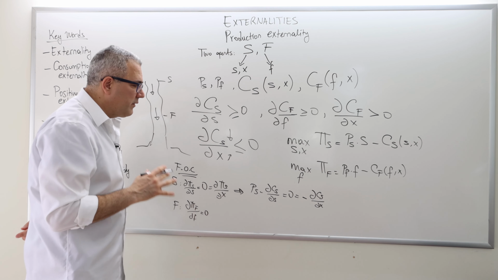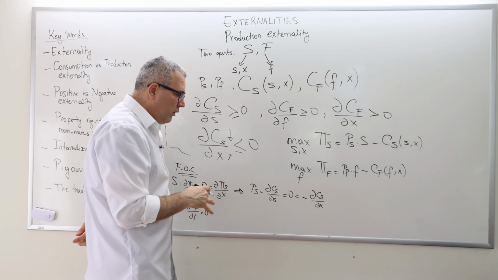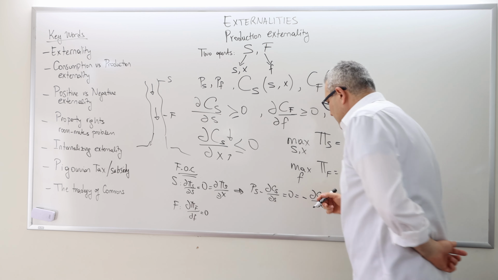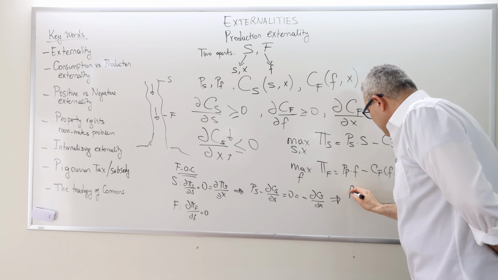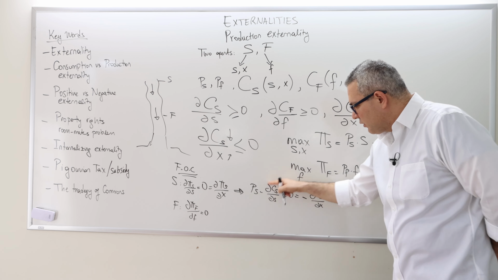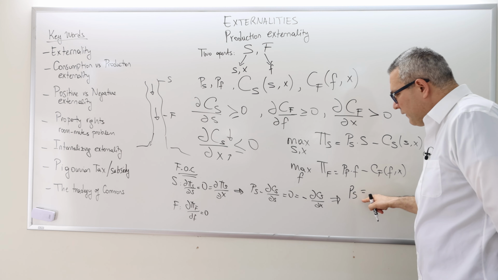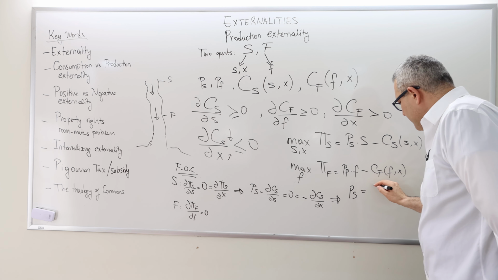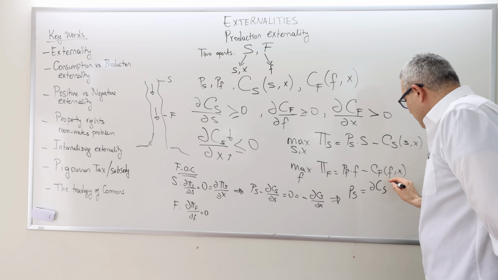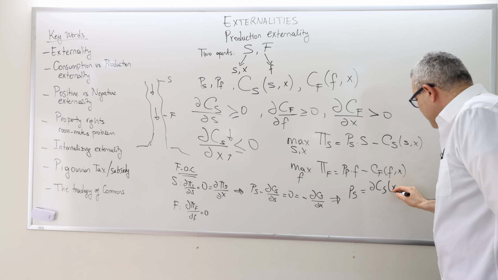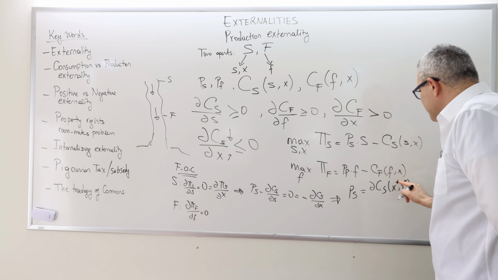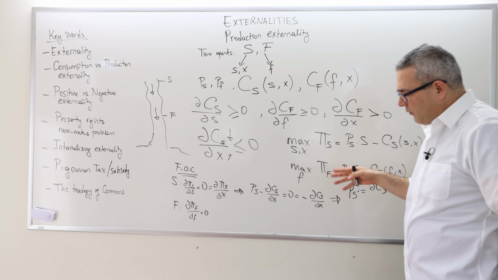So if you solve these two first order conditions, I send the marginal cost to the other side. Therefore, the price has to be equal to the marginal cost of the steel company, and S star and X star should be such that, well, I should put the S first.